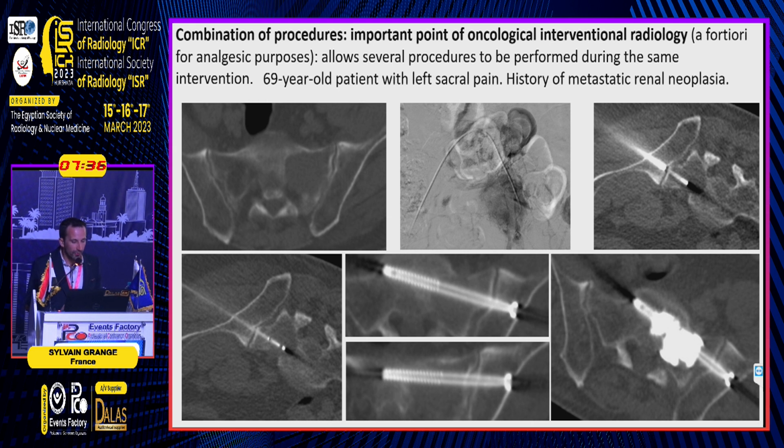So we first perform an embolization, after a biopsy, which is very important for oncologists, for immunotherapy for example, after cryotherapy, and after we inserted 2 screws by a transsacroiliac approach, and after we inject the cement into the lesion.